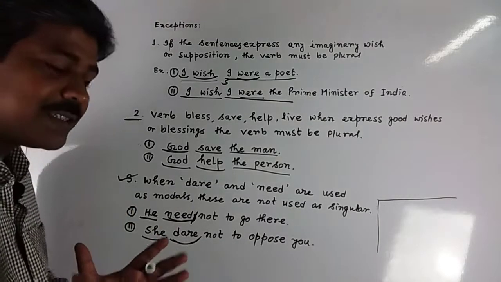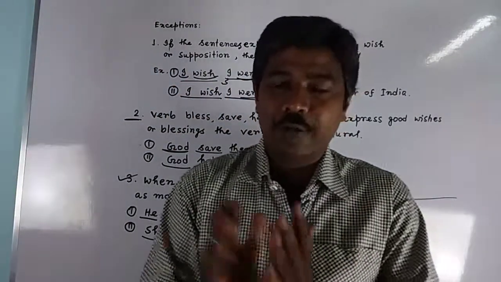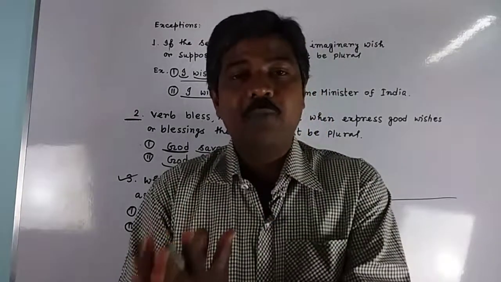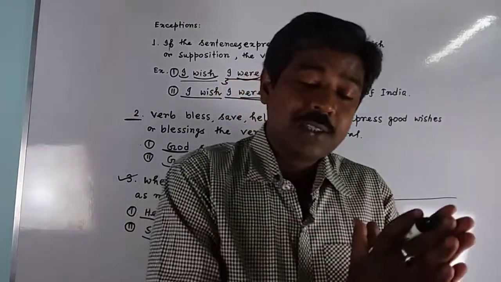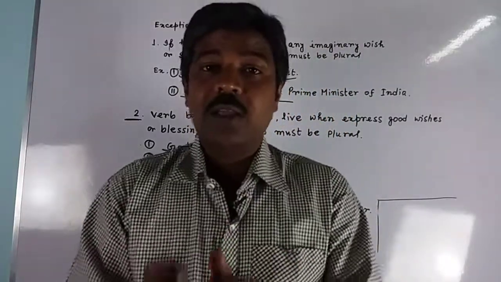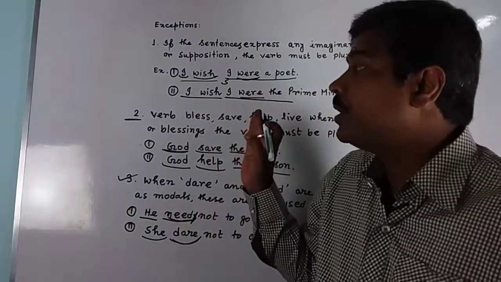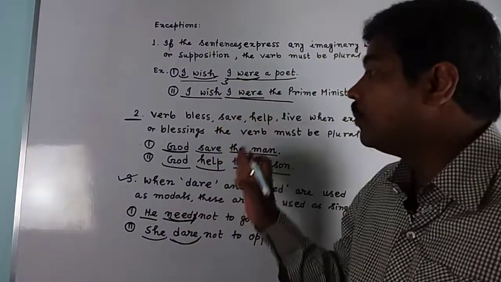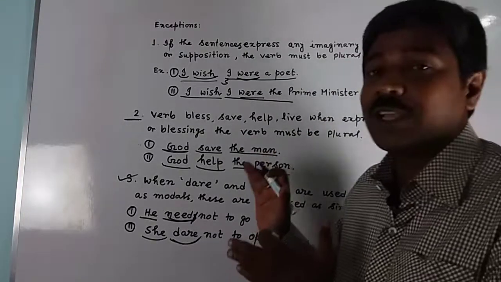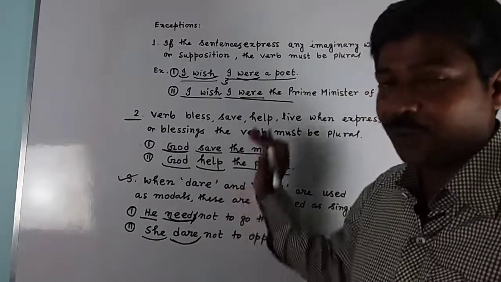We all know, friends, the basic rule of agreement is, if the subject is singular, the verb will be singular. If the subject is plural, the verb will also be plural. But these three are the exceptions. We cannot apply those rules in these parts. Just remember it, and we have to face so many questions from this portion, so be careful about this one.